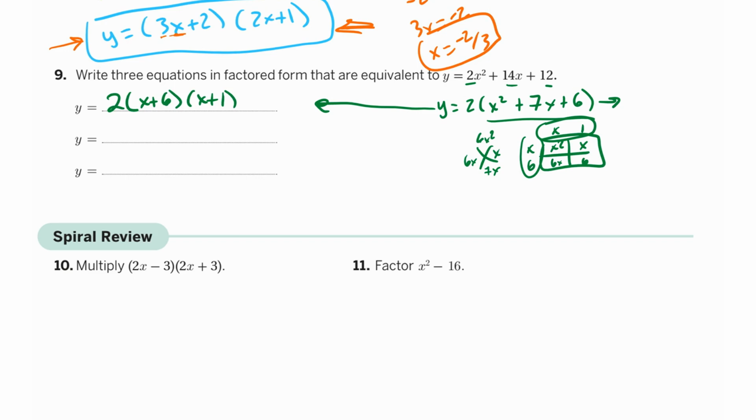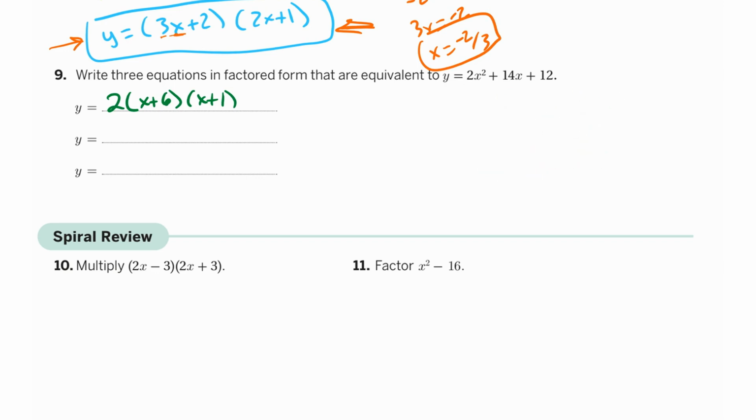If I were to not do that, our answer would look a little different. It would still be correct, just not all the way factored, if we just took this straight in and threw it into the box. So first term, first box, last term, last box, 14x. I'm going to try and figure out what multiplies to 24x squared that adds to 14, which would just be 12x and 2x.